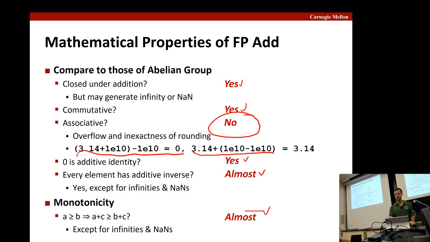In the second case, you have 2 small numbers. They're represented exactly. You can subtract them, you actually get 0, and then you add it, and you get the right number. But over here, this very large number dwarfs the 3.14, and so it just gets truncated away. It's as if you never added it, and so when you subtract off this same very large number, you end up with 0.